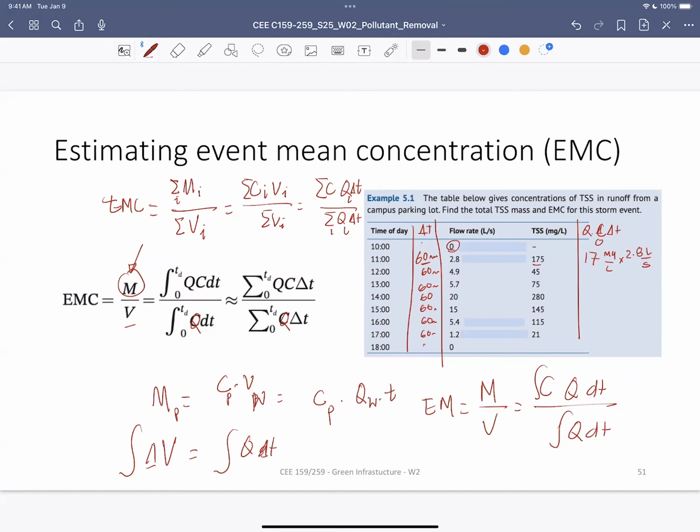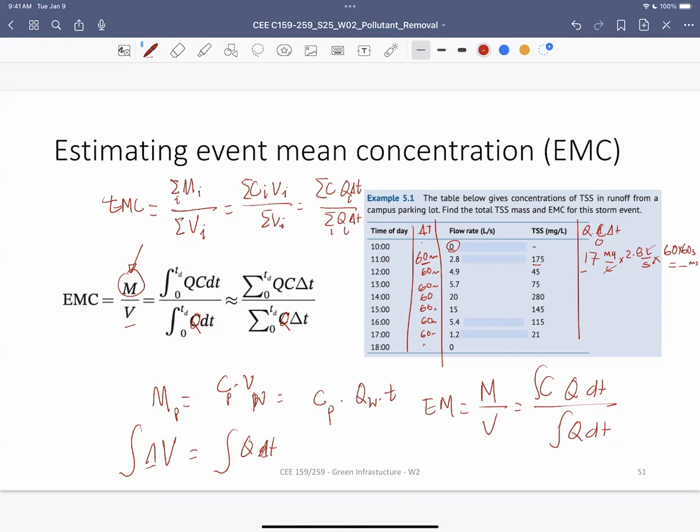You can assume that this is the flow rate, and the time is basically 60 minutes, so 60 times 60 seconds. When you put that in, the units cancel and you get a number in milligrams.